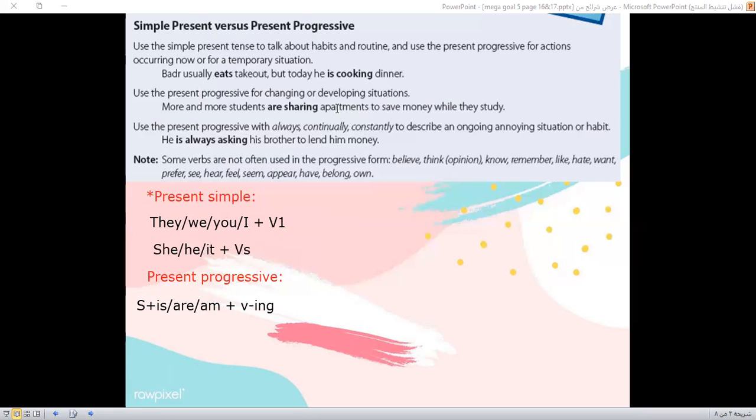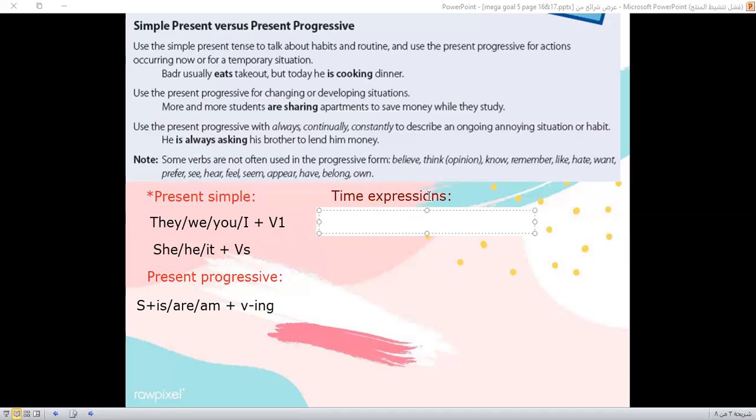There is also something that we should know. Sometimes students ask me, teacher, how do I know that this sentence is in the present simple or in the present progressive? If it was in the present simple, you will have keywords, or we call them time expressions.